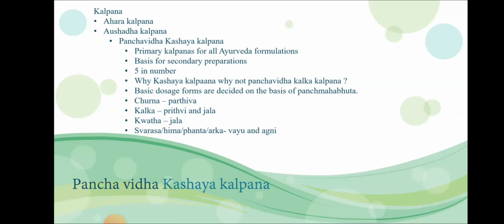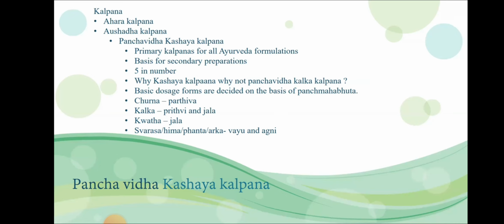As I mentioned earlier, Dravyas are classified into Ahara Dravya and Aushadha Dravya. In that way, Kalpana is also divided into Ahara Kalpana and Aushadha Kalpana. Aushadha Kalpana is further divided into two, that is primary Aushadha Kalpana and secondary Aushadha Kalpana. Primary Aushadha Kalpanas are the Panchavidha Kashaya Kalpana.